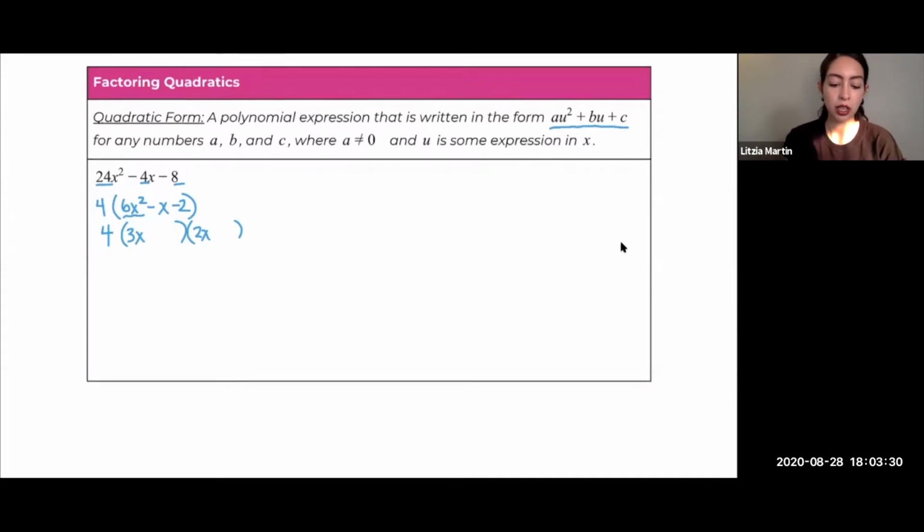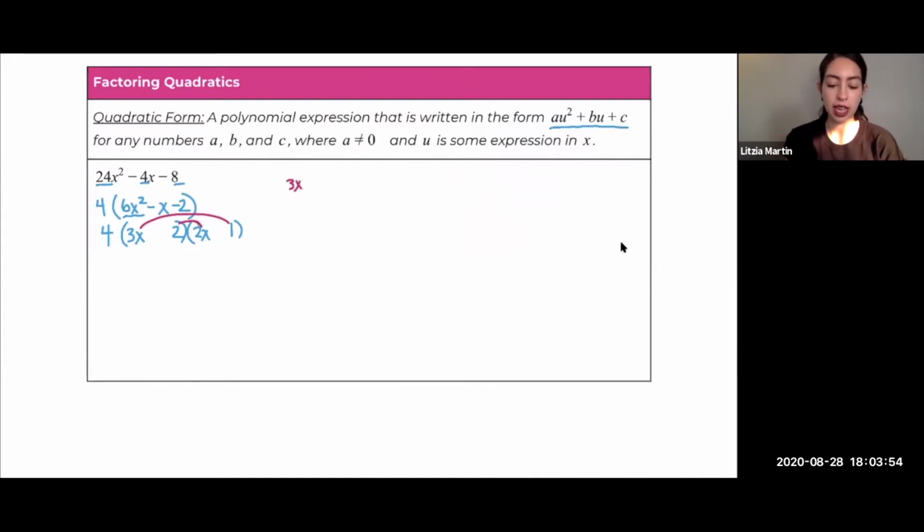So from here, I will go ahead and place those in the back. Now to figure out if these values will work and to figure out if we need a positive or negative, we're going to do the little rainbow method that I like to do. We'll multiply the outside numbers, so 3x times 1 is 3x.